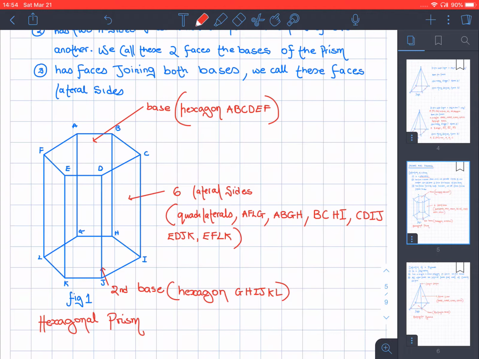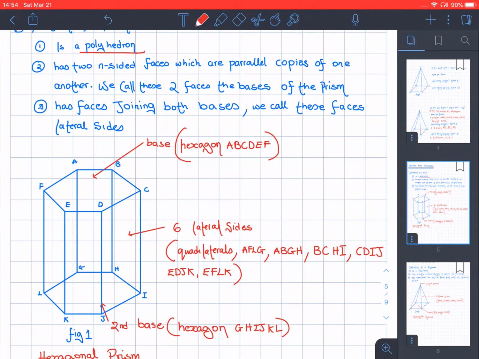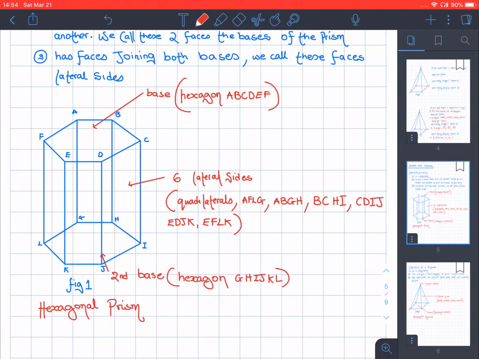And these two are specific because the next part is what a lateral side is. We have bases and lateral sides that make up prisms, but they have to be joined by a straight line. So lateral sides are faces joining both bases, and we call these faces lateral sides.